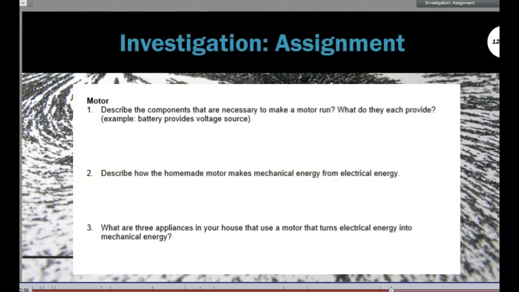Okay? So if we go and look at the 3 questions associated with the motor, we're looking at 1, describe the components that are necessary to make a motor run, and what do they each provide? Okay, so it gives you your first one. The battery provides voltage, so you've got to have a battery.